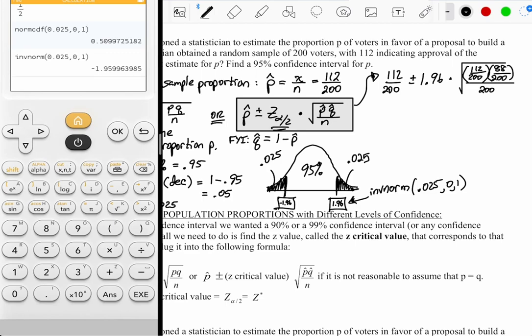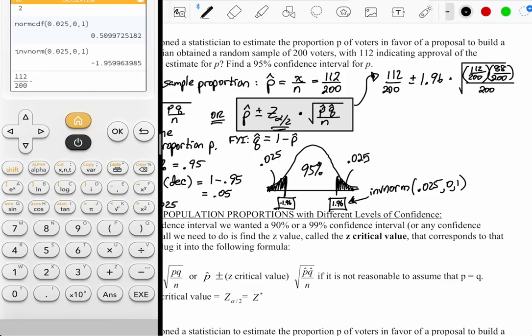And we run these numbers, right in the home screen is fine. 112 divided by 200. I'll do the minus first, 1.96. And for a little bit more accuracy, you can just use the previous answer. You know, just hit answer. But when I go to do it again, it's yeah, Q hat.